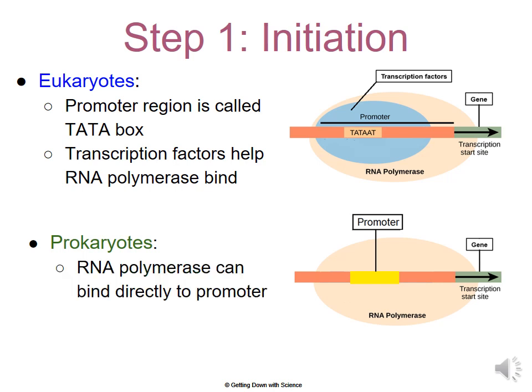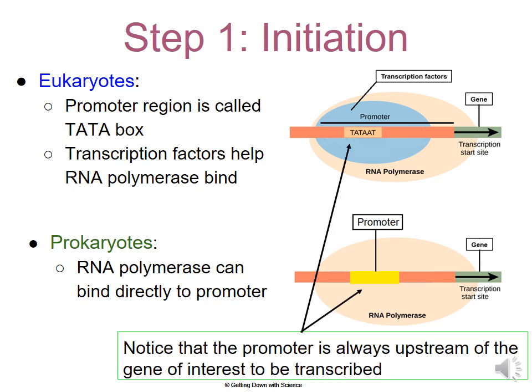In prokaryotes, the RNA polymerase will bind directly onto that promoter region. We don't have to have these specific transcription factors that eukaryotes need. So basically, eukaryotes need an extra little layer of glue. In prokaryotes, it just sticks right on.